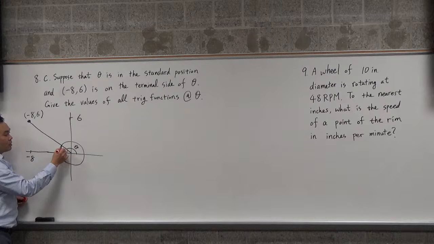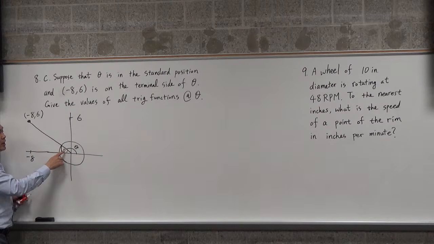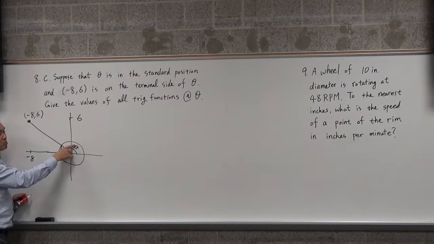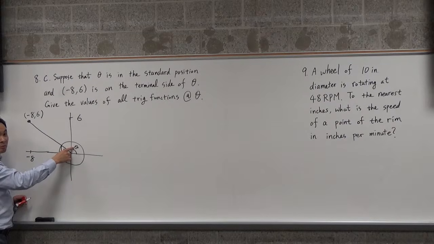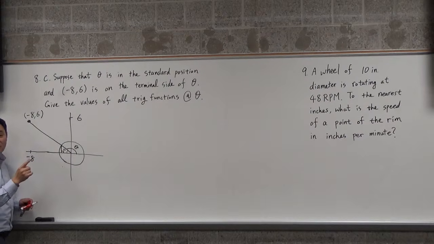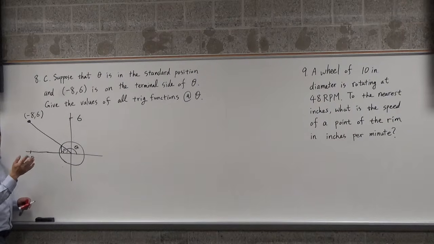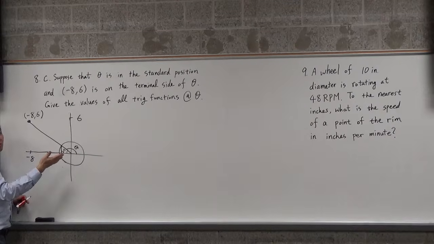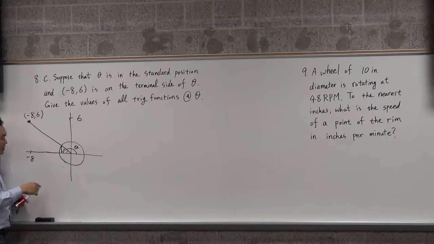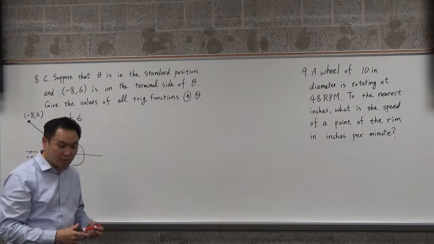So if you try to find the trig functions of this angle, the red theta rather than the black theta, the values of trigs are exactly the same as the values of trigs on the other black one, except for the sign. So the signs could be the opposite, right? Okay, so you can use this reference triangle to figure out the sine, cosine, tangent, and then you have to determine the sign later. But instead of trying to figure out what these lengths are, it's easier to use this bigger triangle.